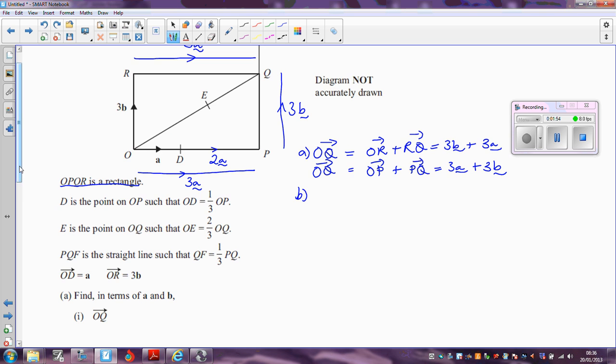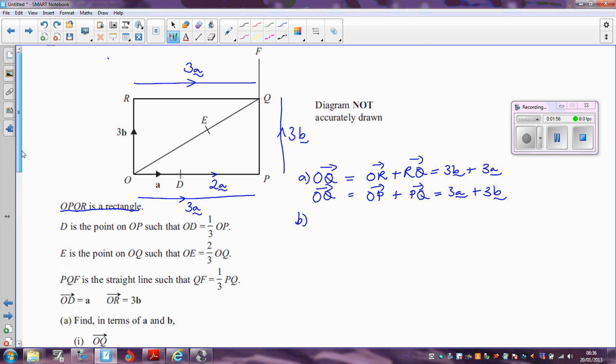Okay, part b asks me to find the vector OE. So I'm looking for this vector here. What I'm told in the question is that OE is 2/3 of OQ. They give me that here. And it just so happens in part a that I've found the vector OQ.